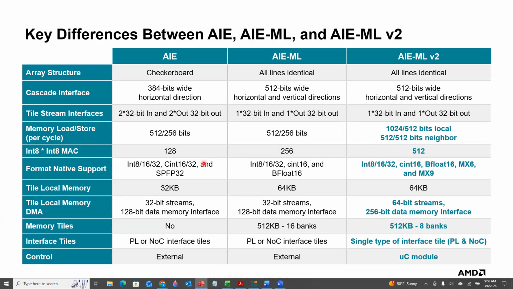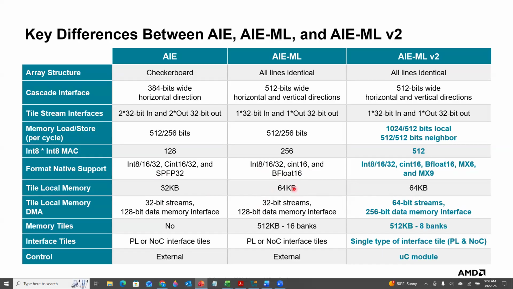Then if you look at this, the number of 8-bit operations you can do increases dramatically from 128 to 256 all the way up to 512 with the newest devices. The native support for data types in the original families, it was really optimized around 32-bit data types. In ML, they started supporting more 8-bit types and 16-bit types, including bfloat16, but now you have all of that plus the MX6 and the MX9.